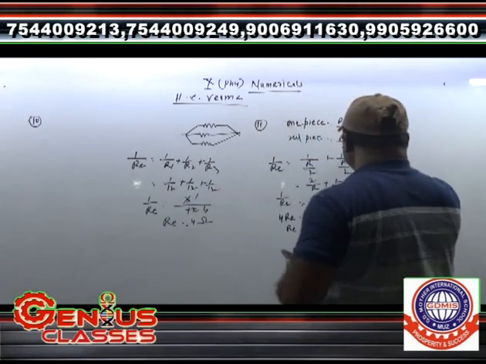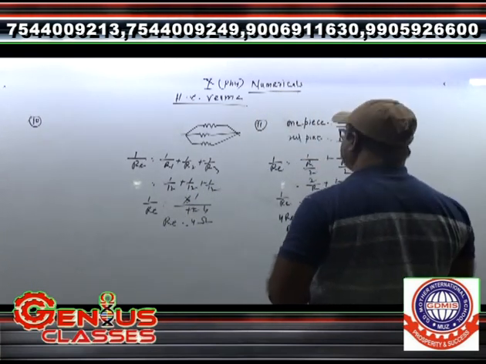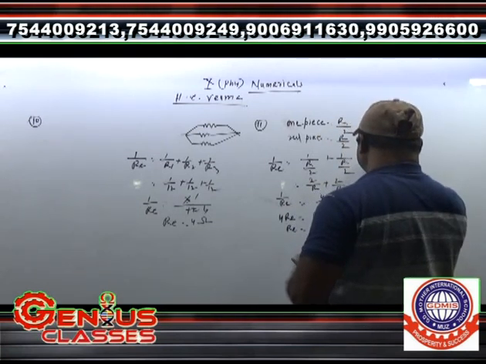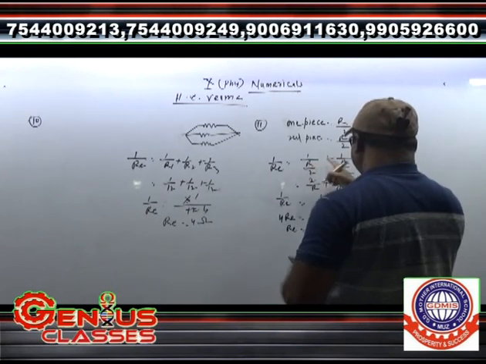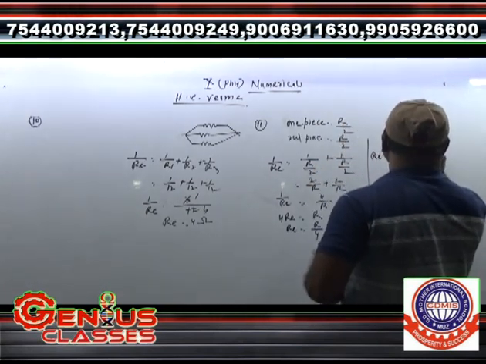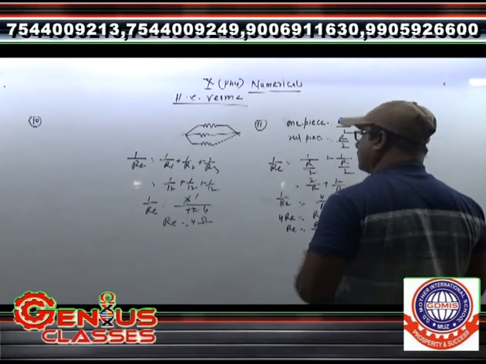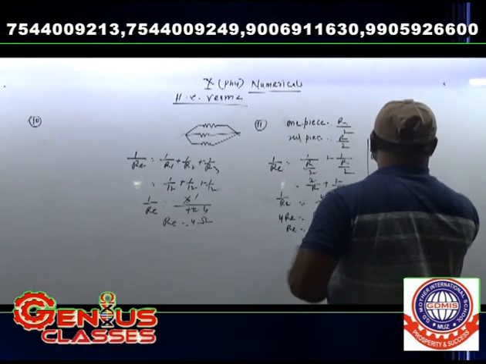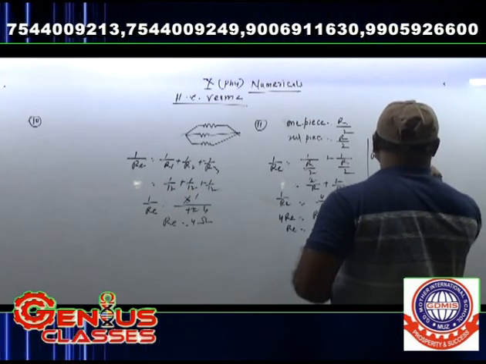You can also apply this formula for 2 resistors in parallel: equivalent is the product of the resistors divided by the sum of the resistors. It is a simple problem.